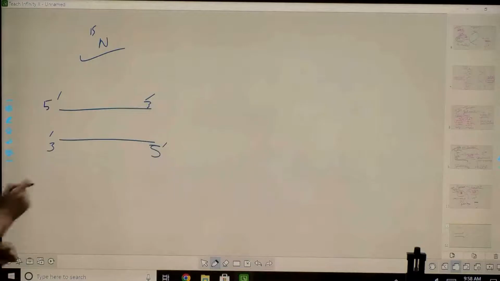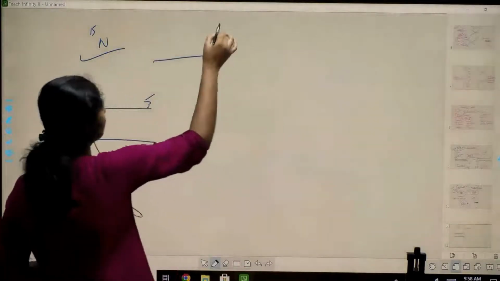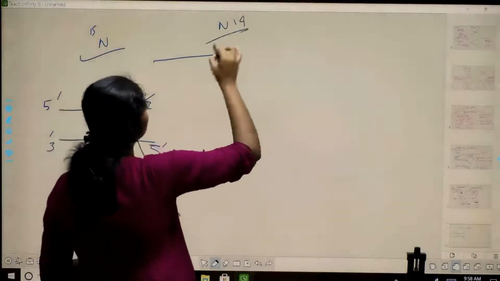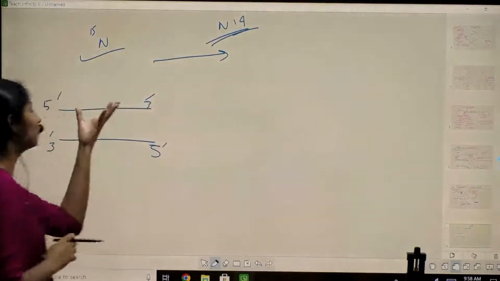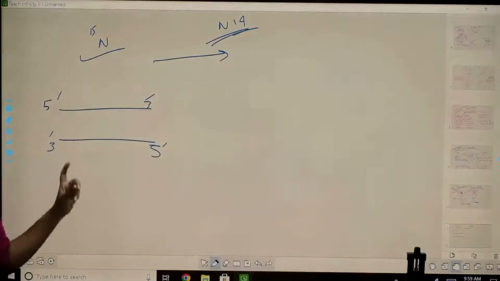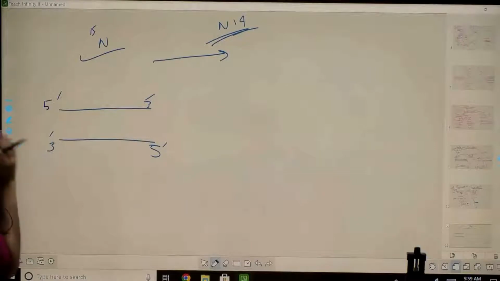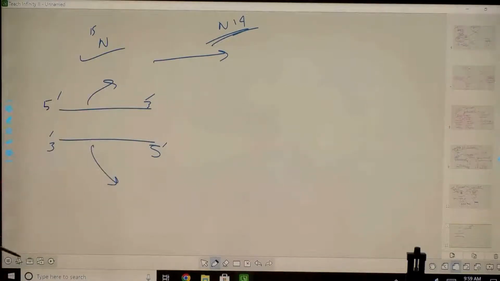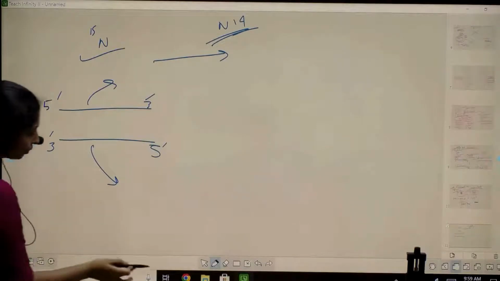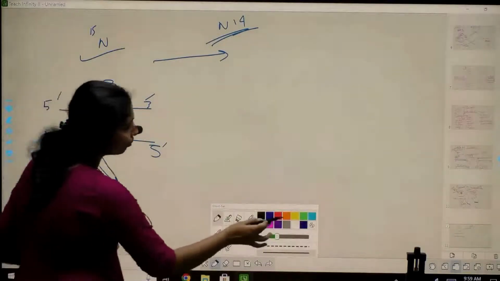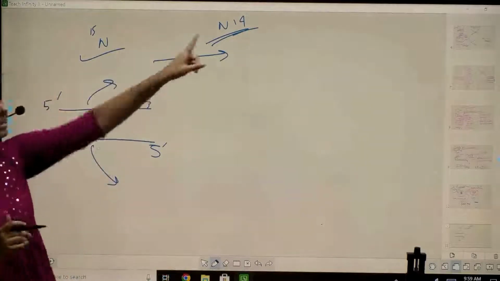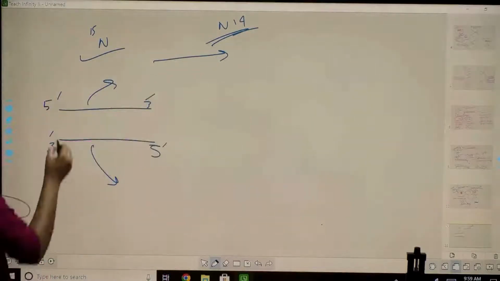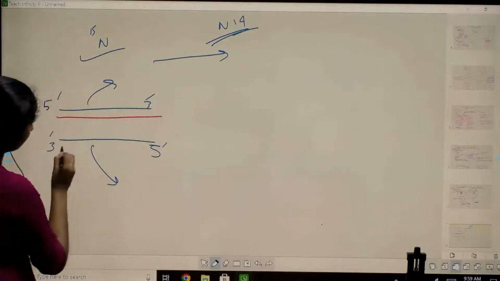After a few generations, when it was transferred to the N14 medium, the bacteria already have N15 in their DNA, right? So during replication, what will happen? Each of these strands is going to act as a template, right? And new daughter strands will be formed. Now the new daughter strands will be using N14 that is there in their medium, right? So there would be different.